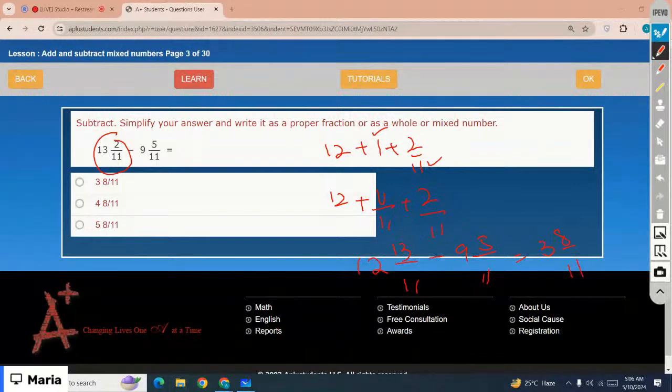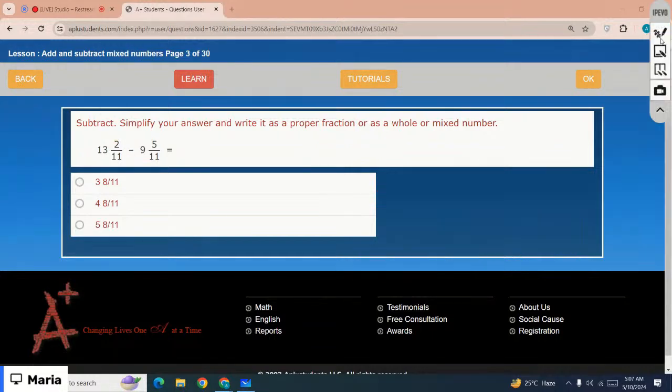The correct option is 3 whole 9 over 11. Option number 1 is the correct option.